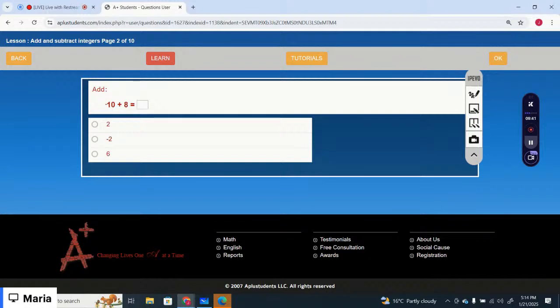Negative 10 plus 8. So 10 is the greater number with a negative sign, so the answer is negative. Negative 10 plus 8 is negative 2. The correct option is negative 2.